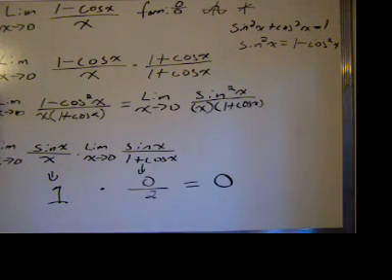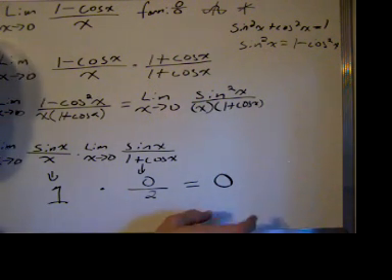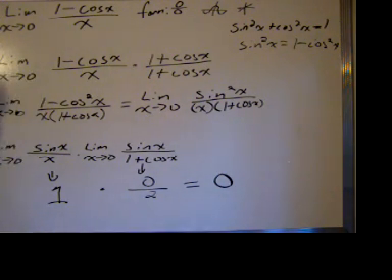So just a brief recap: in order to evaluate this limit, we multiplied the numerator and denominator by the conjugate of the numerator. We simplified, we employed the Pythagorean identity in order to change the form, and then we used properties of limits, that is, that the limit of products is the product of the limits, in order to evaluate this limit and actually prove analytically that the limit as x approaches 0 of 1 minus the cosine of x over x equals 0.